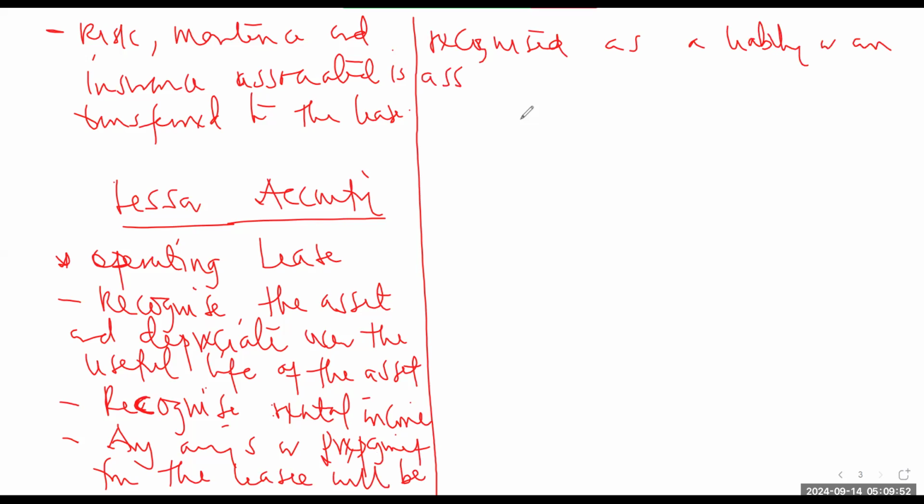So any owings or prepayment from the lessee will be recognized as what? As a liability or asset. If it is owings, the person is supposed to pay you and the person is not paying you, your money, or the company's resources, are with the person. So that is an asset. If it's a prepayment, it is a liability.